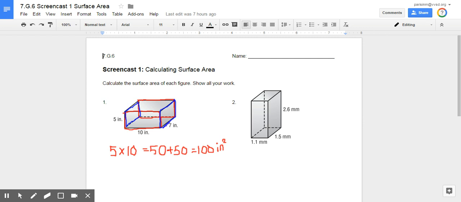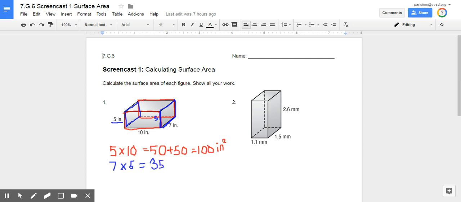Right now we see the length is 7, and then the other side of this rectangle, we have to look over here. That length would be 5. So we need to find the area of the rectangle by doing length times width. Then we have 7 times 5, which equals 35.